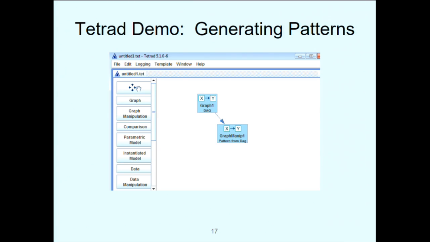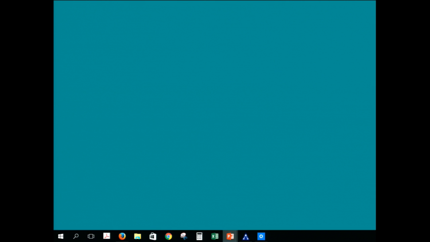Okay, now there's a handy thing that I'll just show you but not ask you to do anything about in Tetrad, which is that you can generate from any graph.